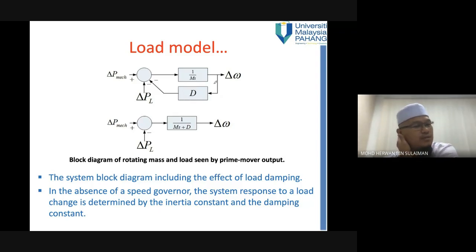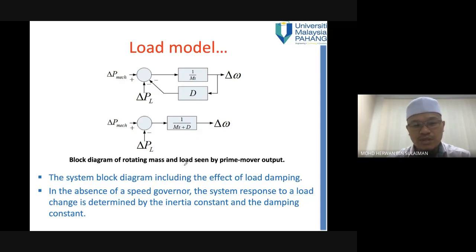If you remember, you learned control system before, right? Do you remember? When you have feedback, you can rearrange the equation to become a linear form. So this is the feedback, and then you can rearrange this block into this equation. Okay? So this is the block diagram of the rotating mass and load seen by the prime mover, the prime mover output.